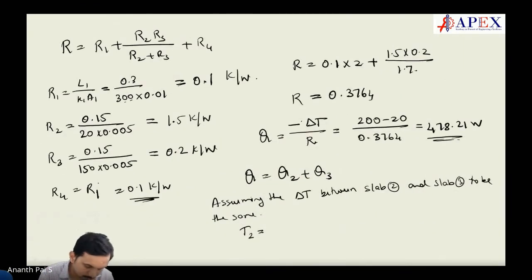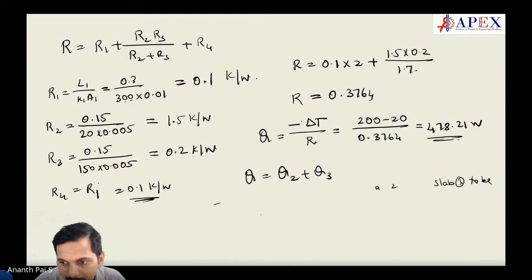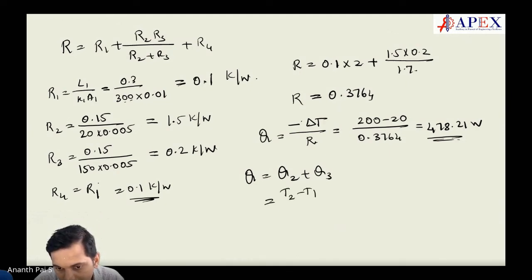So T2 is equal to, find out T2. We will say, this is not required, assuming delta T to be the same. Okay, that's understood. Q2 plus Q3. First, let us find out. So this is equal to T2 minus T1, or T1 minus T2, divided by R1.